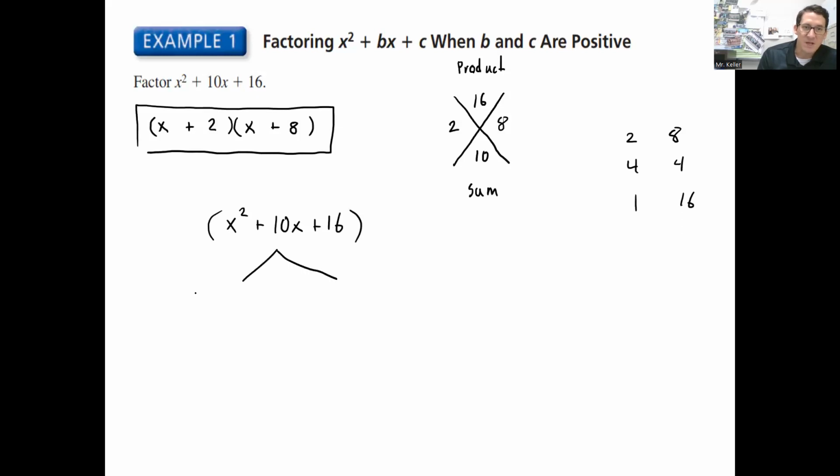We are splitting it into 2 smaller quantities, in this case x plus 2 and x plus 8, that multiply together to get x squared plus 10x plus 16. So if we were to multiply this out, either FOIL or using the box or distribute, this would be the answer that we get.